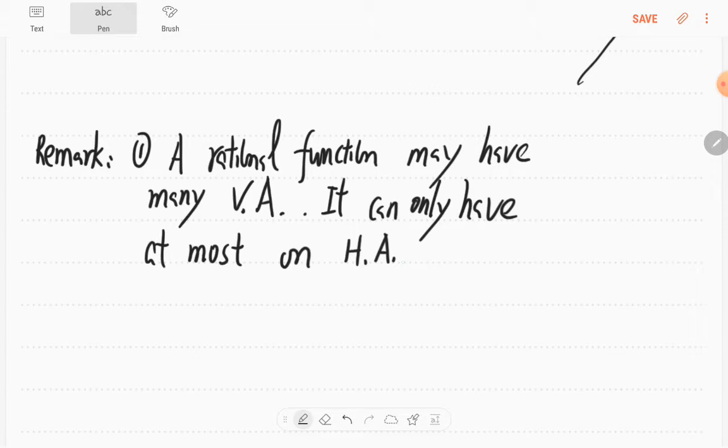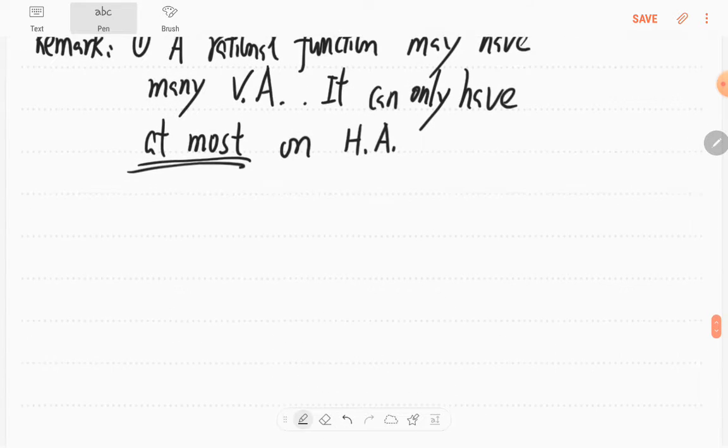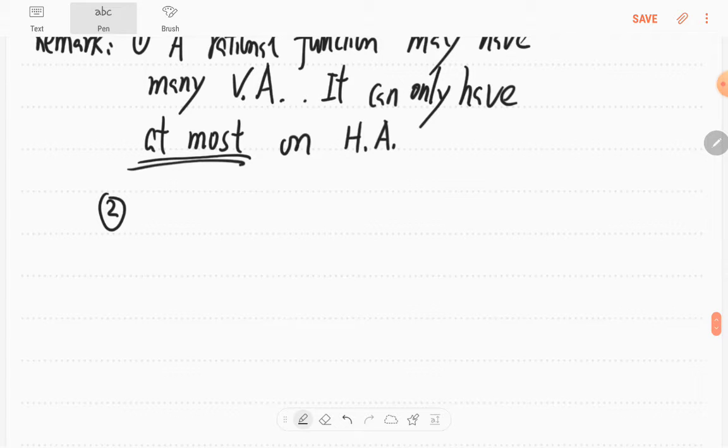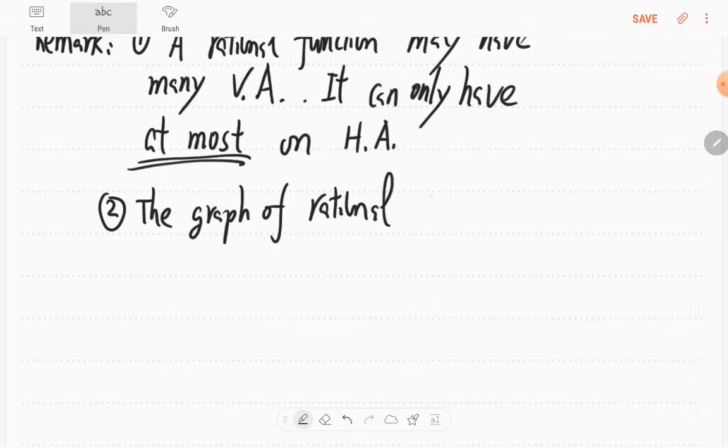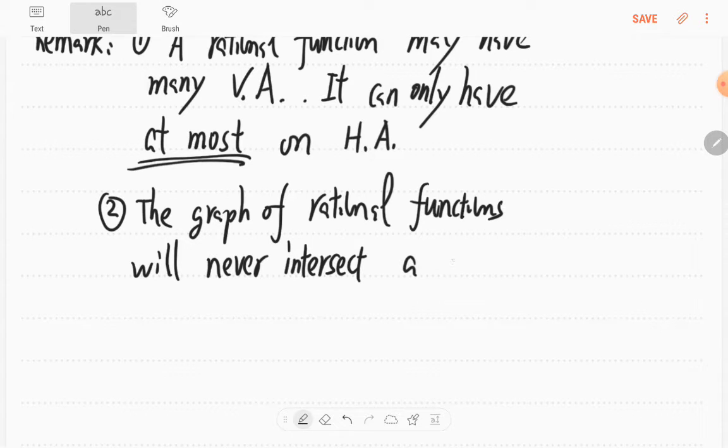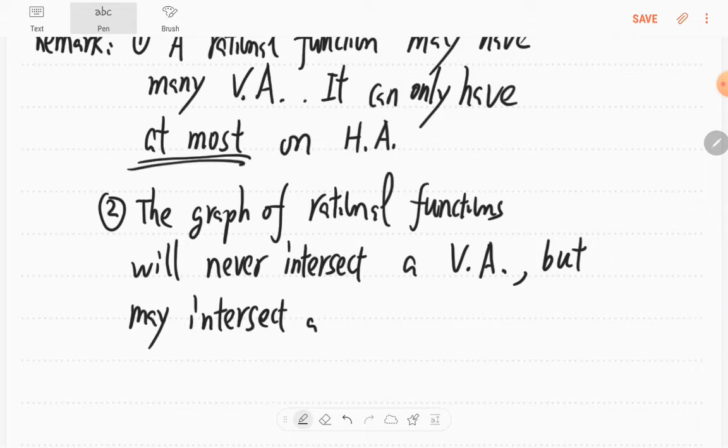This is true for rational functions. Second, the graph of a rational function will never intersect a vertical asymptote, but may intersect a horizontal asymptote.